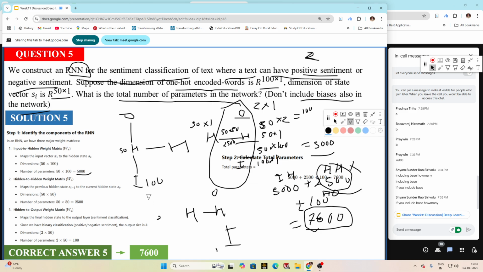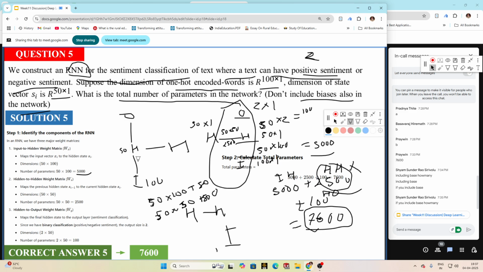So it is 50 into 100 plus 50, that is IH, so that means 5050. And between hidden and hidden, that is 50 into 50 plus 50.